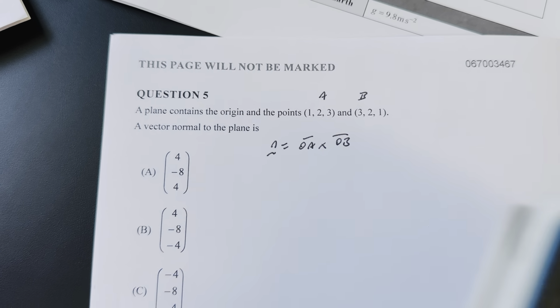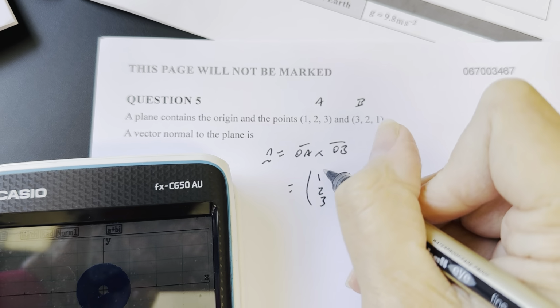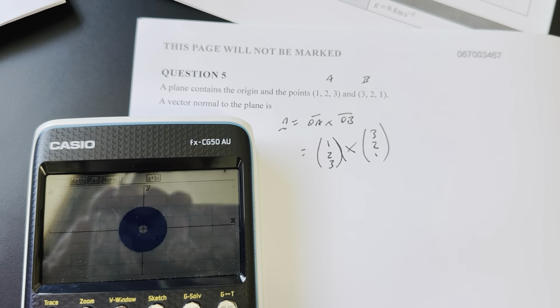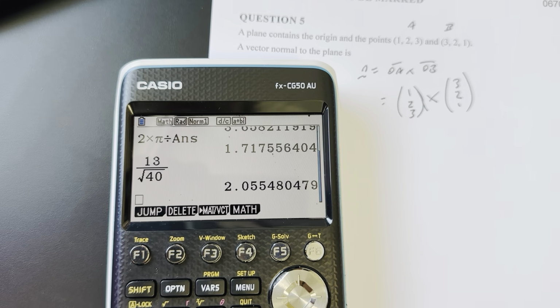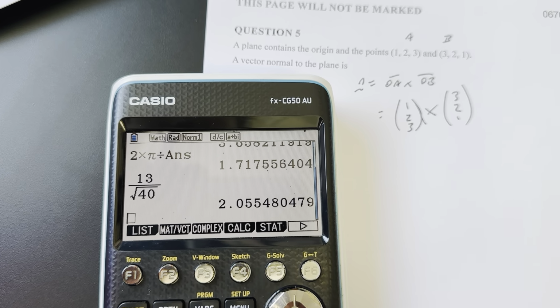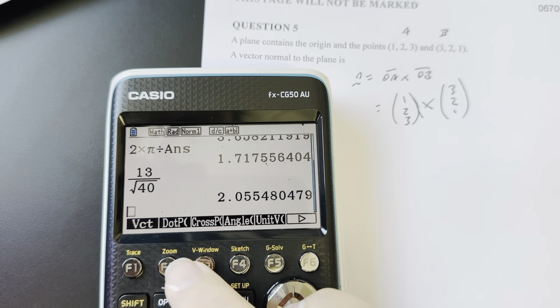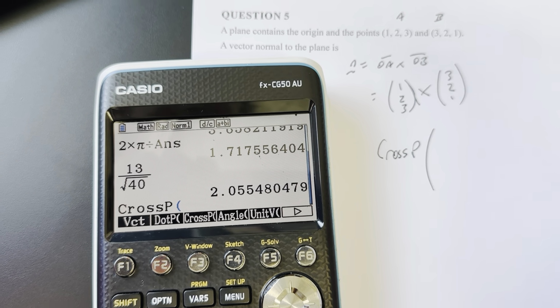All right, I'm going straight to my calculator. (1, 2, 3) cross (3, 2, 1). That's what I want to do. Go back to my Run Mat menu. If I go Options, MatVec, and I go across, and it's cross product, CrossP.